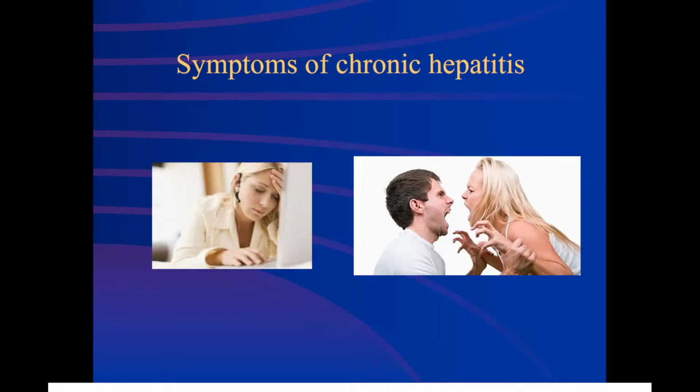And now let us go to clinical picture in total for chronic hepatitis. In general, there are no specific features of chronic hepatitis. That's why diagnosis is very difficult to do, and even more difficult to think about fatty liver disease.